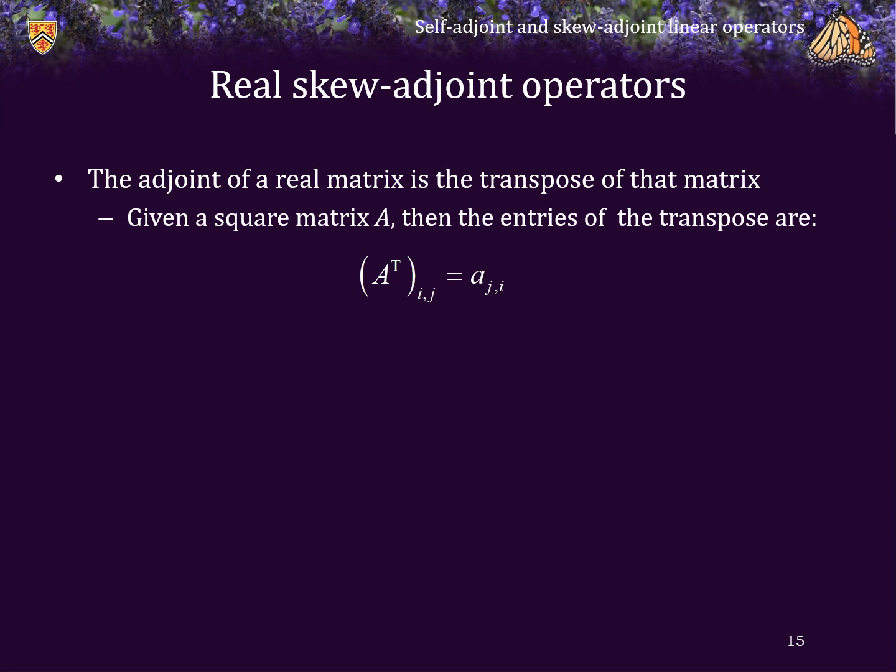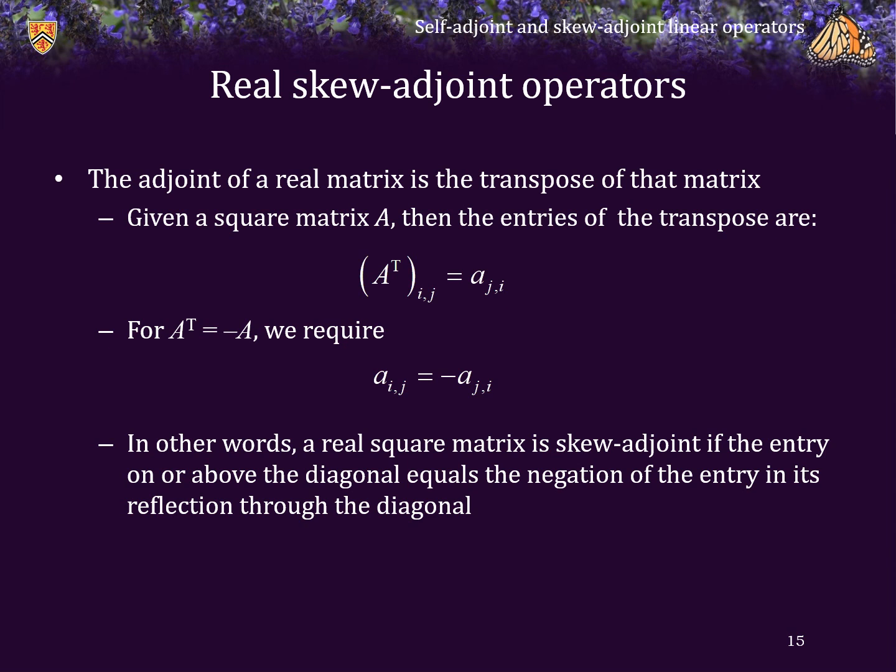Now, for real skew-adjoint operators, again, recall that the adjoint of a real matrix is the transpose of that matrix. And given a matrix A, the ijth entry of the transpose is the jith entry of the original matrix A. For A transpose to be equal to the negation of A, we require that Aij is equal to the negation of Aji.